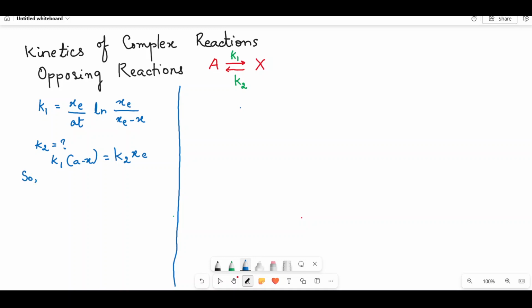That means we can say, when we open the bracket, K1A minus K1Xe.